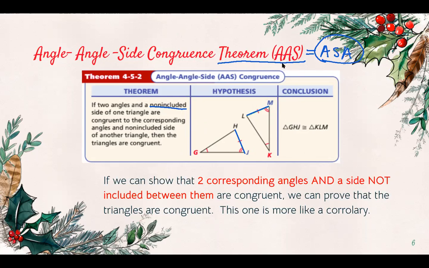Again, this one is equivalent to angle side angle, and I'll show a proof of what that means. Before we do that, there's an important theorem that we learned about briefly in 4.1 or 4.2 maybe.